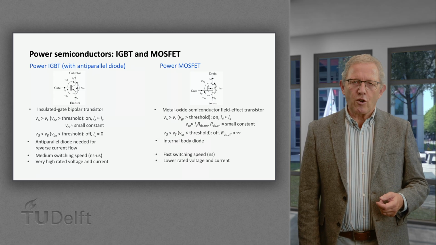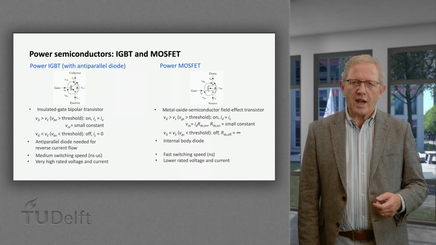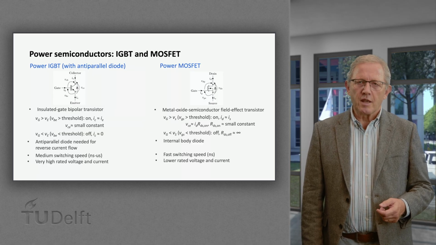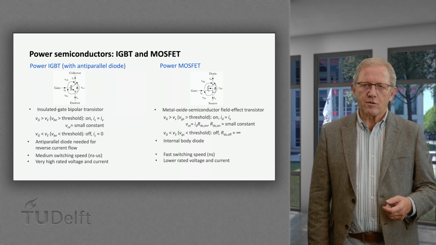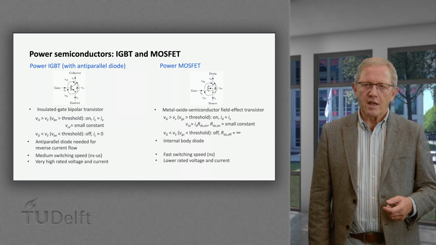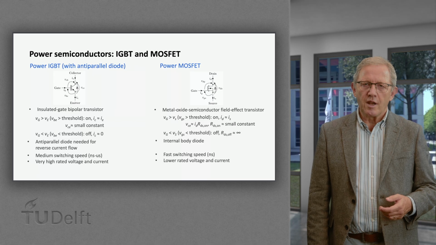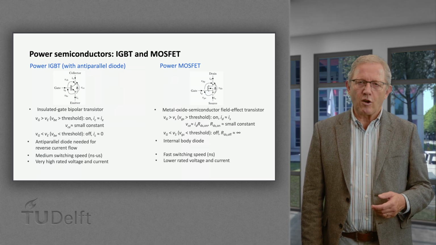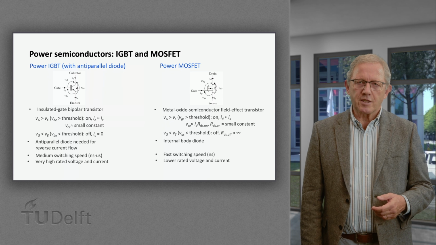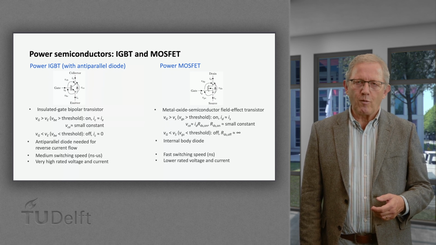The MOSFET is short for metal oxide semiconductor field effect transistor. Similar to IGBT, it turns on if the gate to source voltage VGS is higher than the threshold voltage, and behaves as a small resistance when it is on. Otherwise, it stays off and behaves as an almost infinitely large resistor.